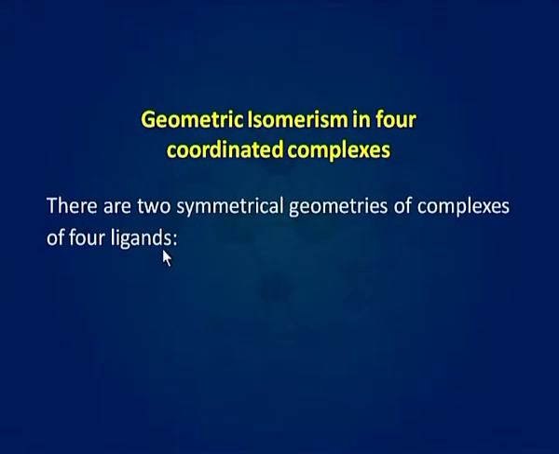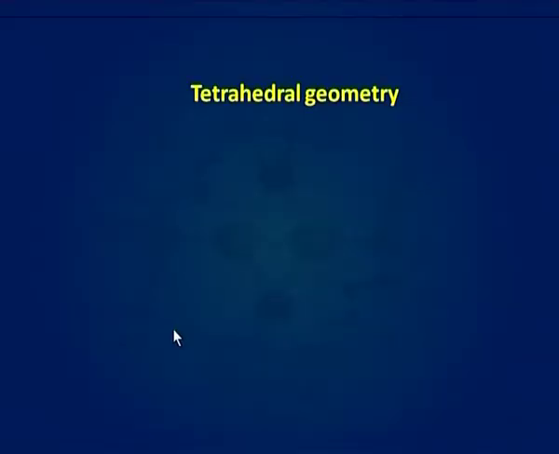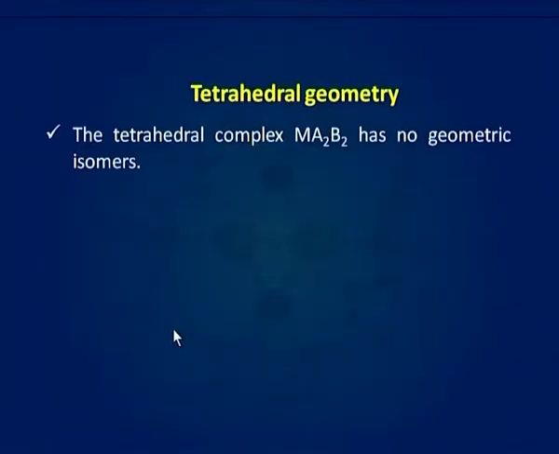There are two symmetrical geometries of complexes of 4 ligands: tetrahedral and square planar. Let us discuss geometrical isomerism for tetrahedral geometry. The tetrahedral complex Ma2B2 has no geometric isomers.